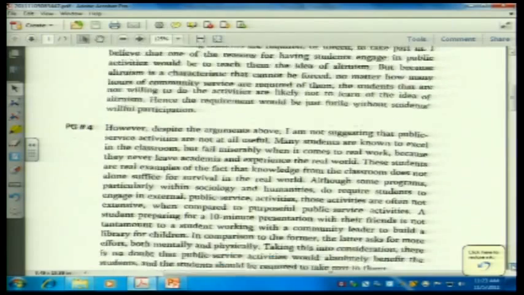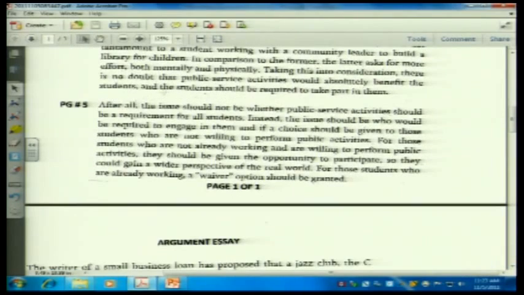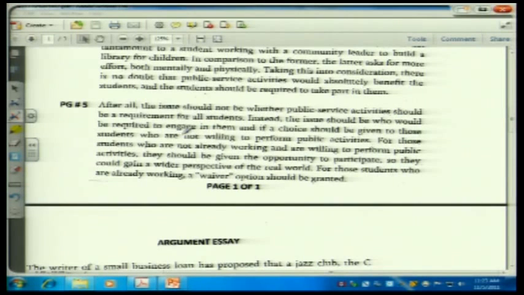And finally, you come to the last paragraph. In this last paragraph, you will summarize all the reasons that you have talked about so far. So this is the summary. And perhaps you should give some solution to the issue, which is a way to end the essay on a strong note.